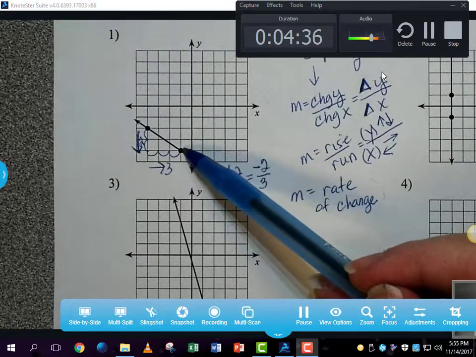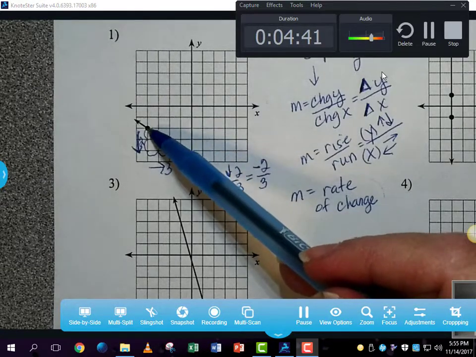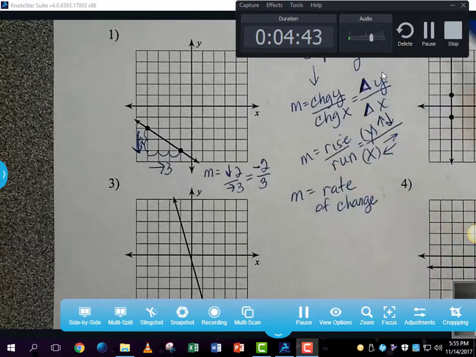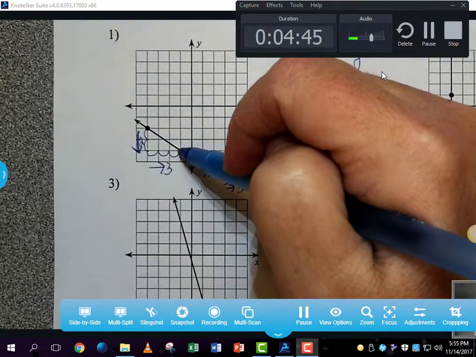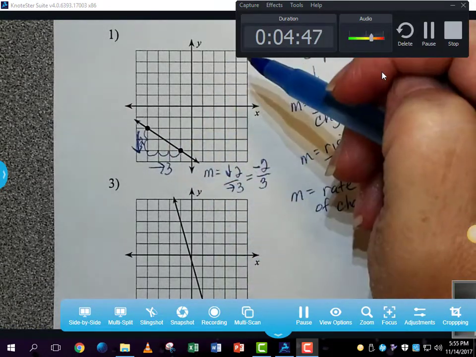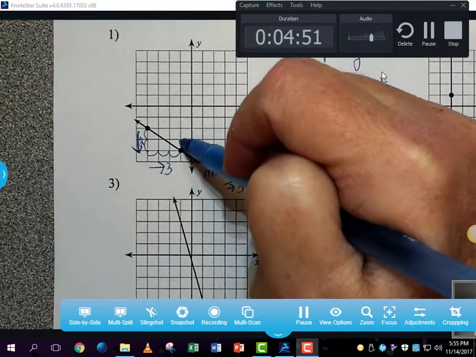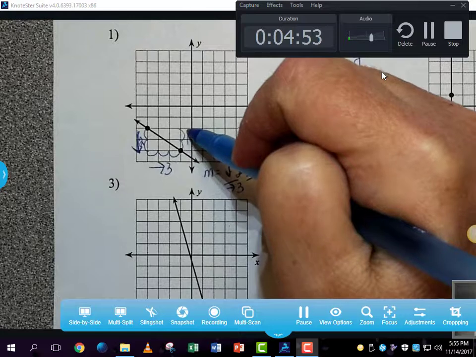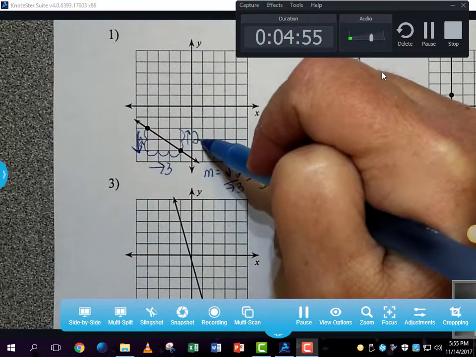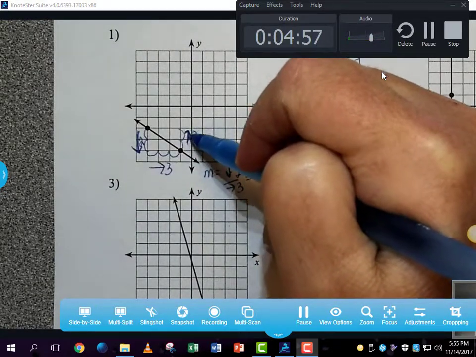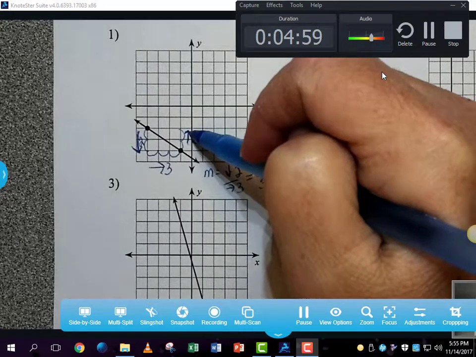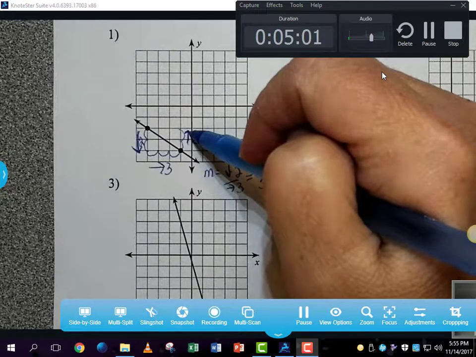But what if you use this as point number 1 and this is point number 2? Well, if I wanted to move from here to here, the first thing I do is the up and down part. So I would have to go up by 2, 1, 2. So that would be the change in y.